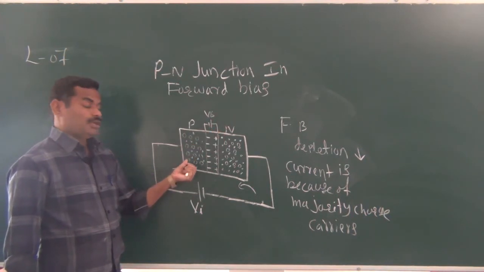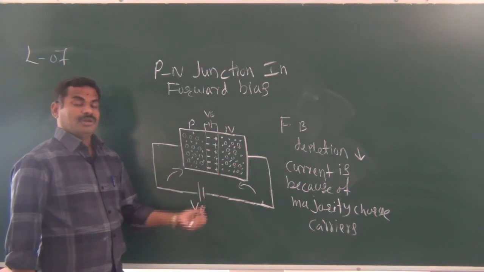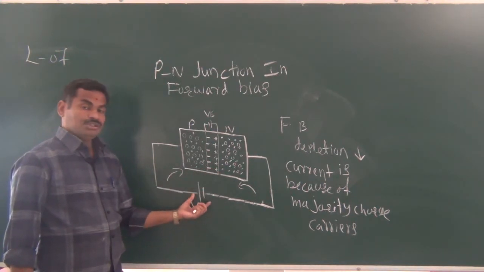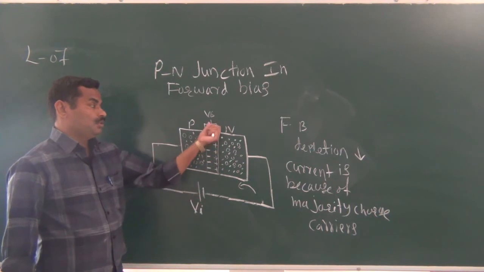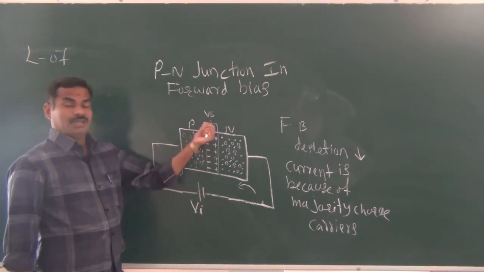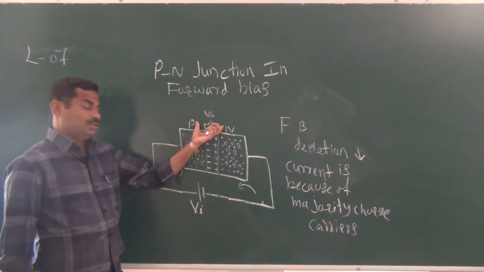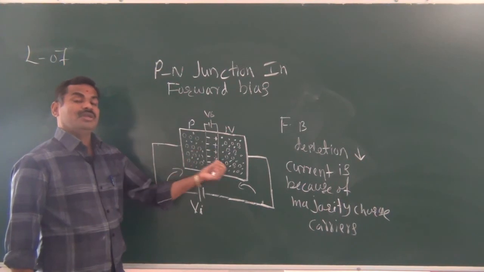That's why there is more current, moving from P to N. Another reason is that the applied voltage opposes the barrier potential. That's why the electrons and holes are moving very easily.